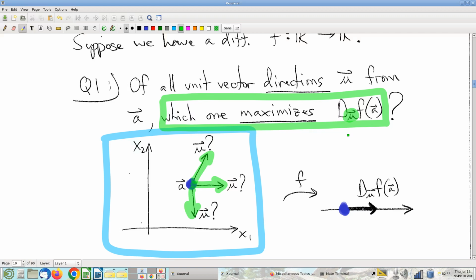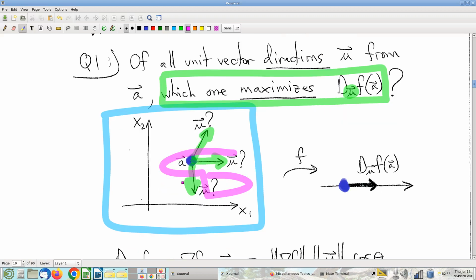Why are we making this a matter of unit vectors? Why don't I open it up to all possible vectors? And I'm going to point out that, look, it's a given that, suppose the answer ends up being this vector. That's the unit vector describing the direction I should walk. I think it's a given that I should walk as fast as I can in that direction. Run, don't walk, right?